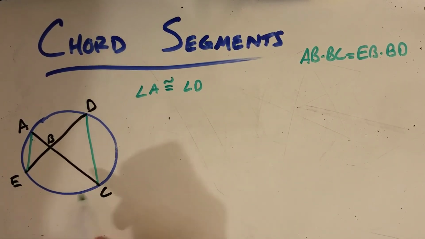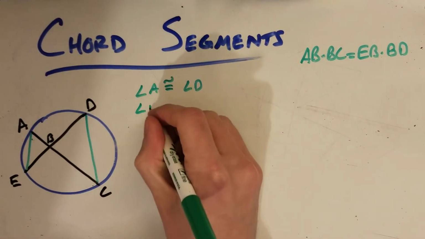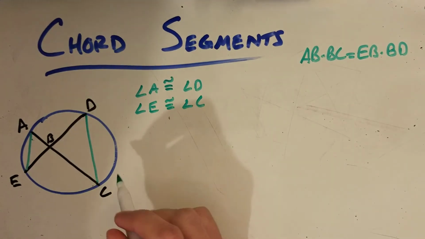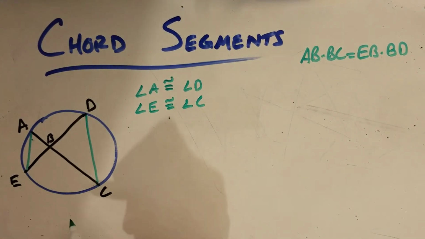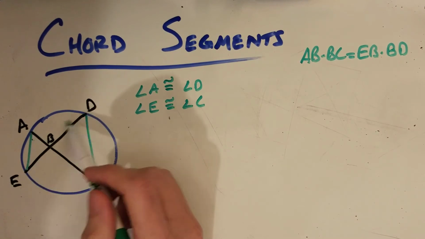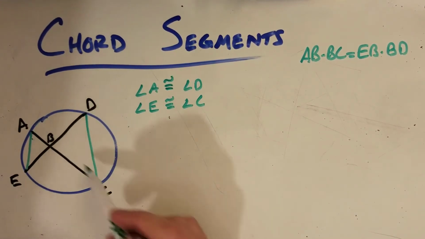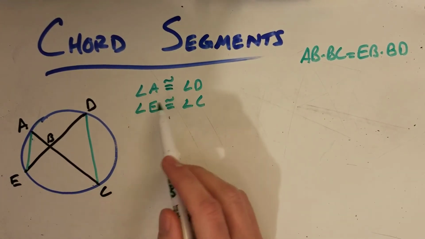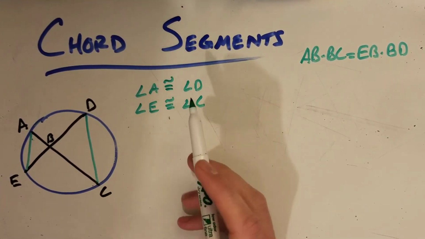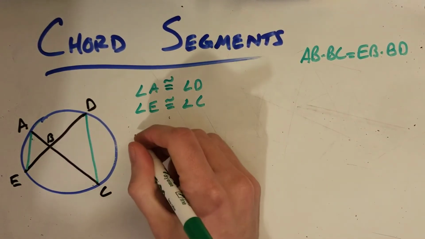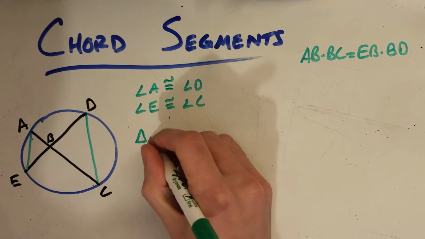And you also could say the same thing about angle E and angle C. Those are congruent to each other because, again, those two intercept the same arc here. Angle E intercepts the arc AD, and C intercepts AD as well. So we have those two pairs of congruent angles, and from that we can simply say that we have two similar triangles.